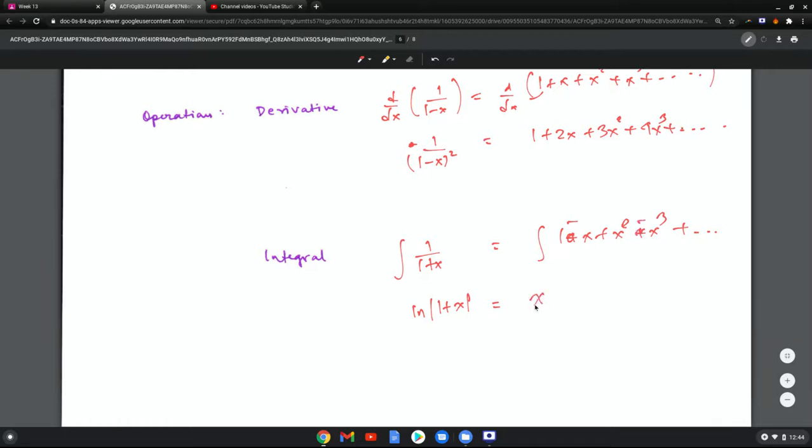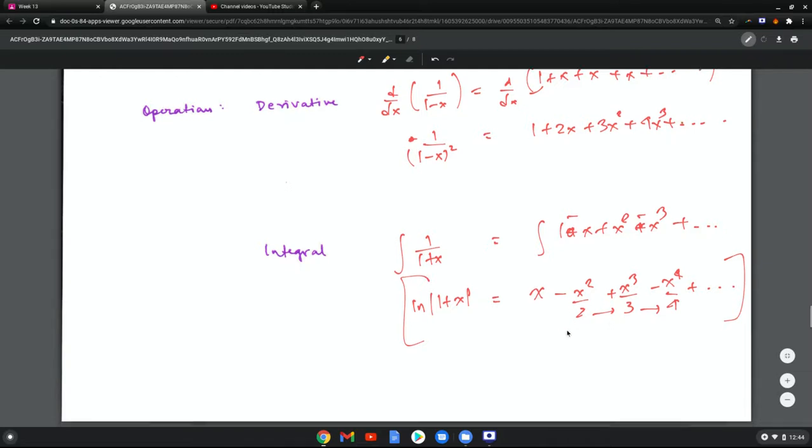So if I take the integral, that's x minus x squared over 2 plus x cubed over 3 minus x to the 4 over 4, and so on. So I get a nice approximation of even a logarithmic function using just x's, as x minus x squared over 2 plus x cubed over 3. So here the denominators are increasing as well.